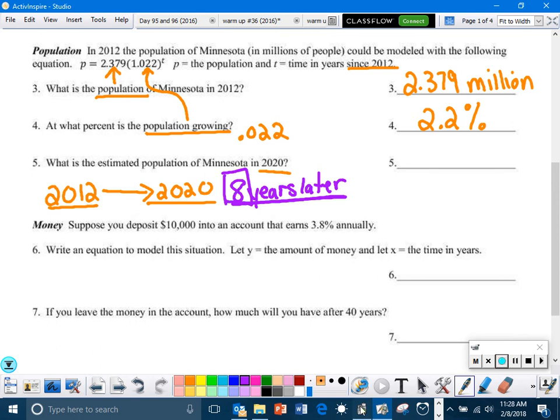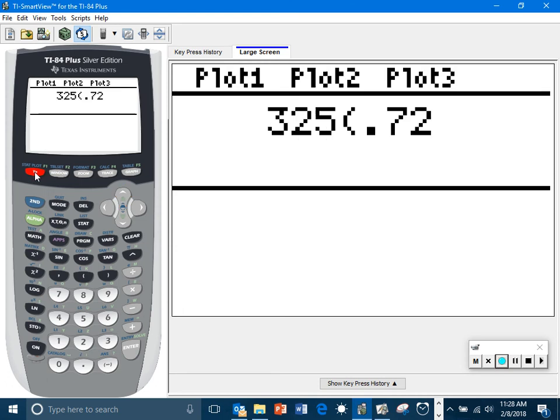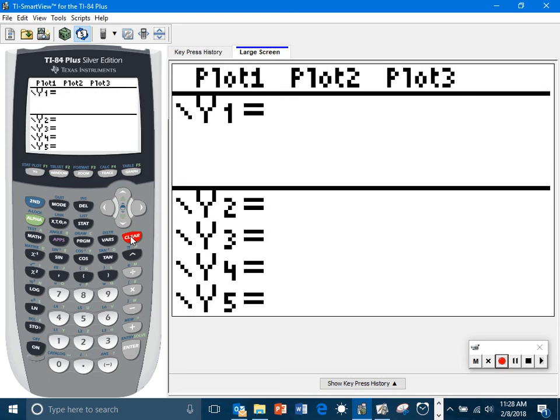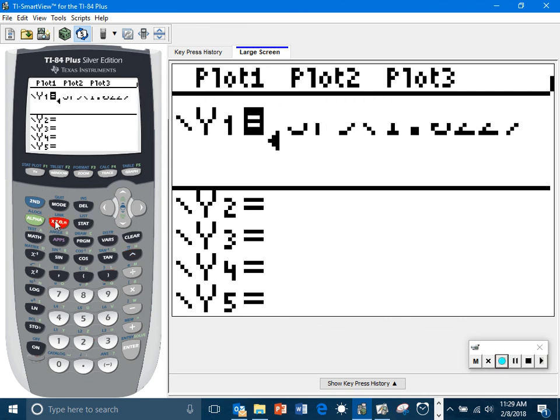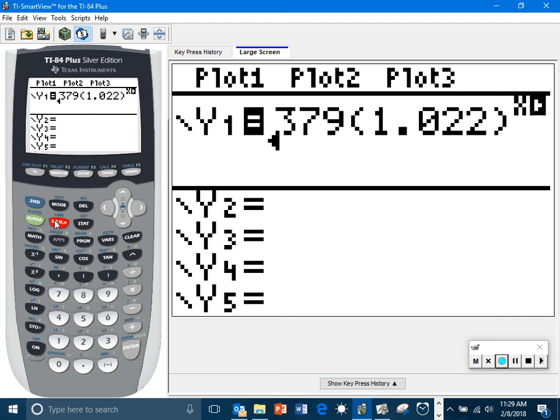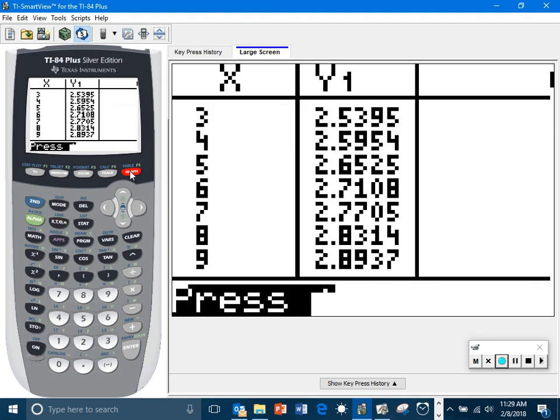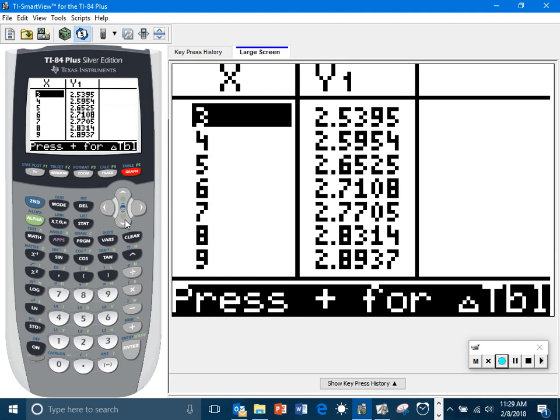Again, we're going to go to our y equals. We're going to type in the 2.379 times the 1.022, and we have to use x, and then we can go to our table and go to the number 8.